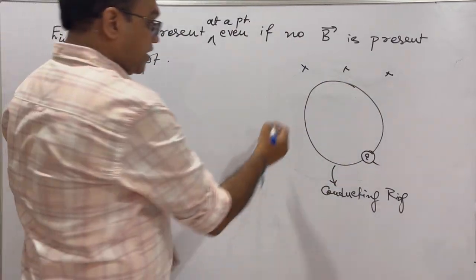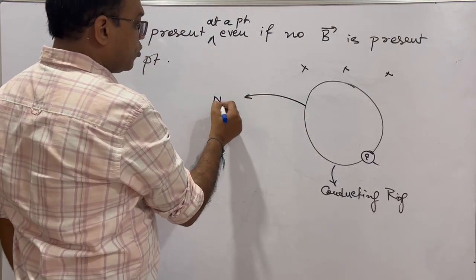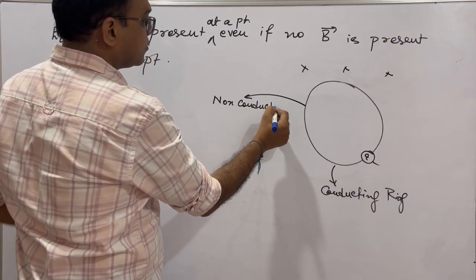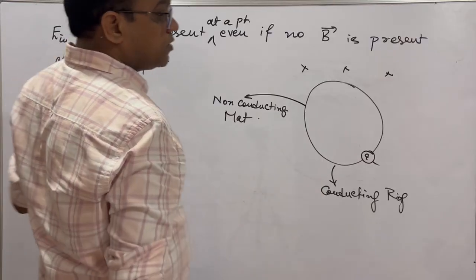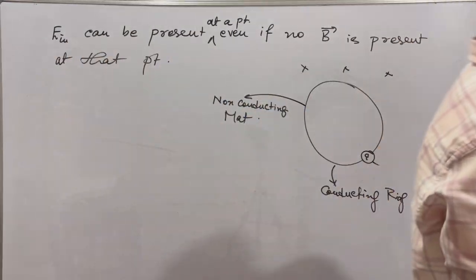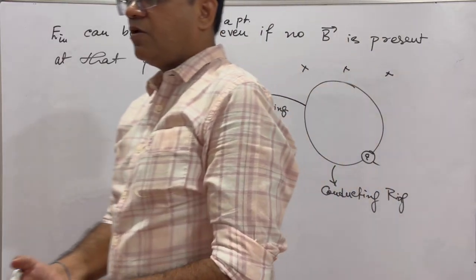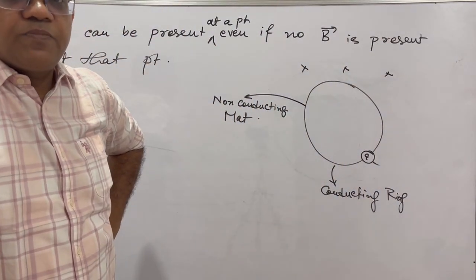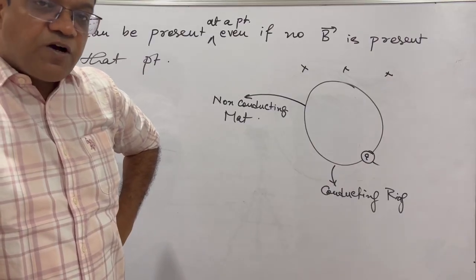Now if I say this ring is non-conducting, it is of insulating material, and the remaining situation remains the same. It is a non-conducting ring. Will the EMF appear?